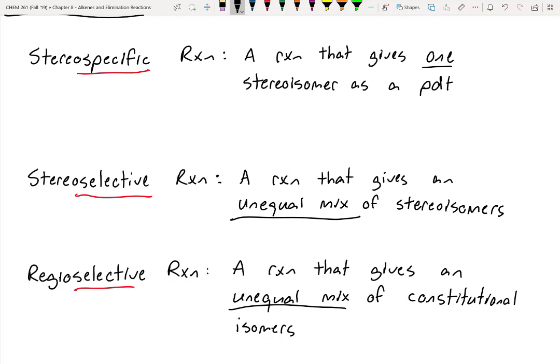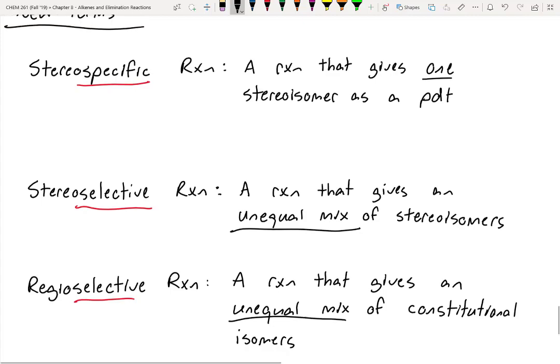Regioisomers are always going to be constitutional isomers, so you can narrow it down. Some students will say, well, what about regiospecific reactions? What would that be? It means you just get one product, which in this case actually falls under the stereospecific reaction because you're just getting one thing. So normally people don't use the term regiospecific.